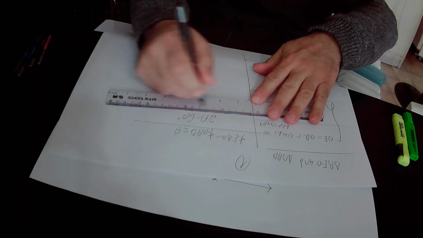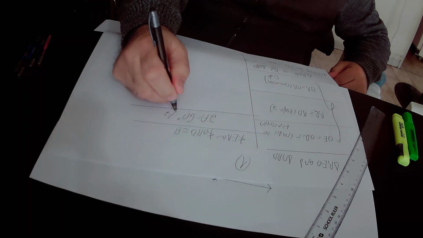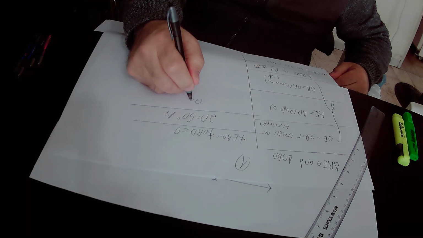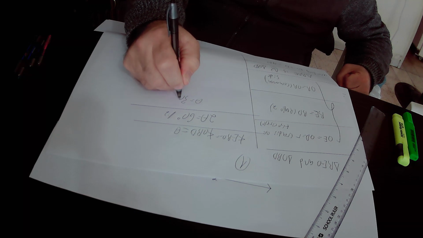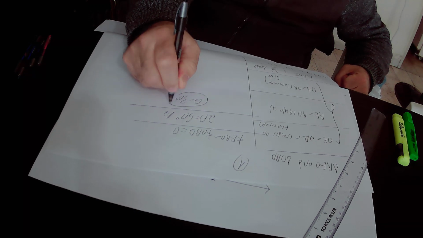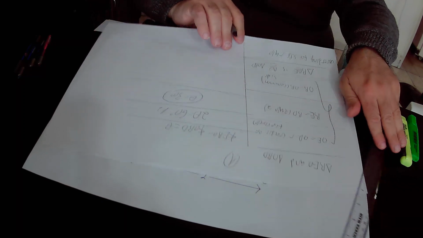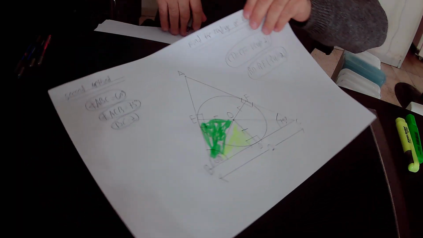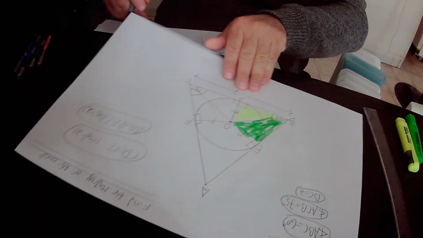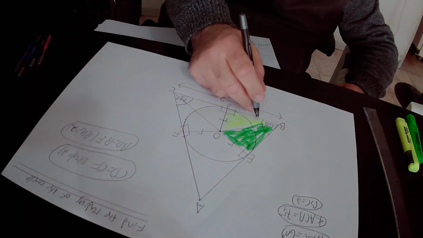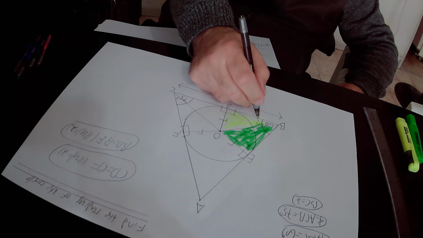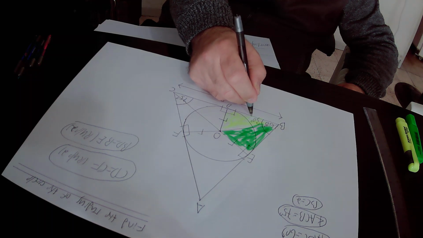Here we divide this equation by 2 and finally get that angle theta equals 60 degrees over 2, which is 30 degrees.